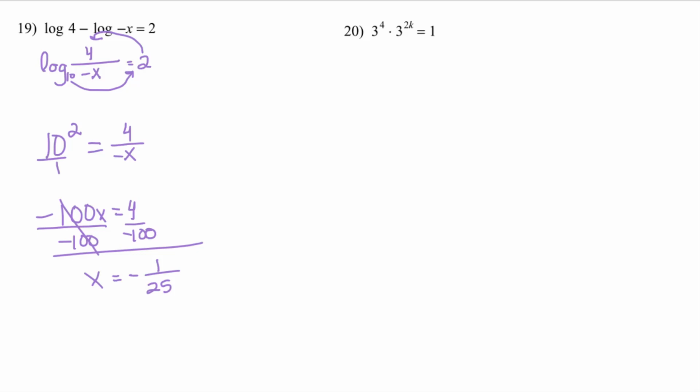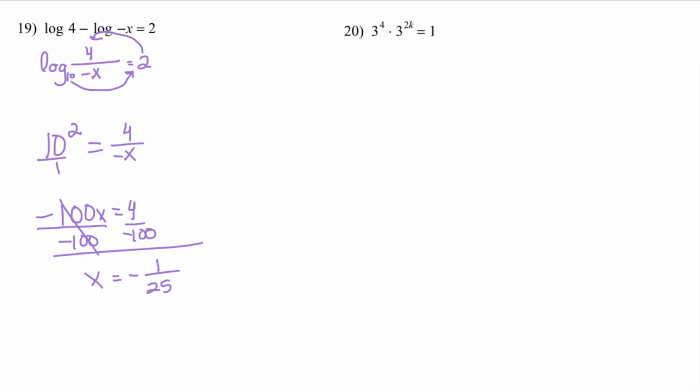So that's what I was saying, if I put negative 1 over 25 in here, it changes to a positive 1 over 25. So that's okay. You can take log of positive 1 over 25. And then really if you're checking this, yes, you want to check to make sure that it really works out when you plug it back into the first line, but then you might need to actually go to the next line to make sure that it makes sense.